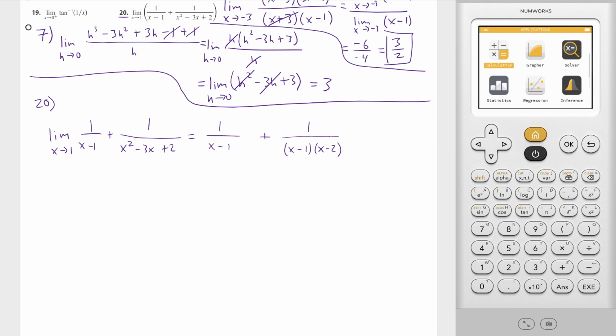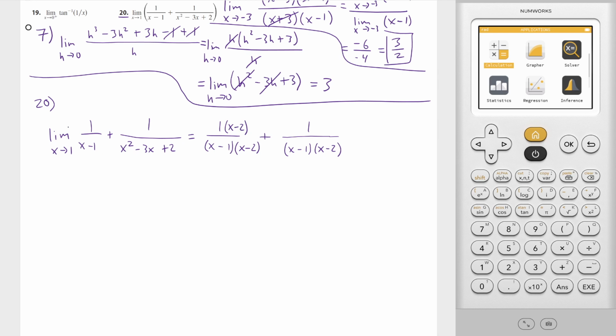You can test that for yourself if you don't believe me. And so to get a common denominator, all I need to do is in the first fraction, multiply the top and bottom by x minus 2. When I do that, I will have a common denominator, and I'll be able to add these two fractions.